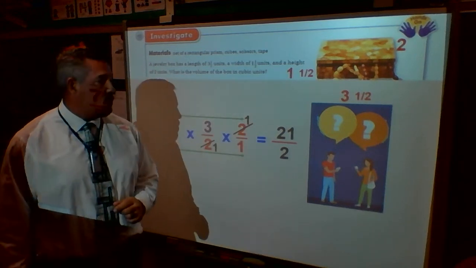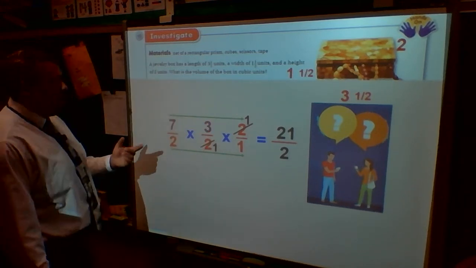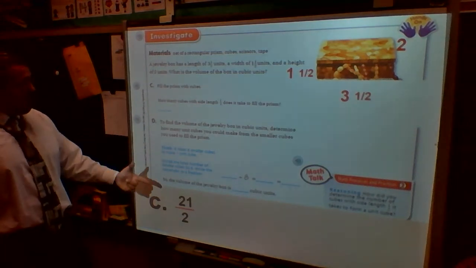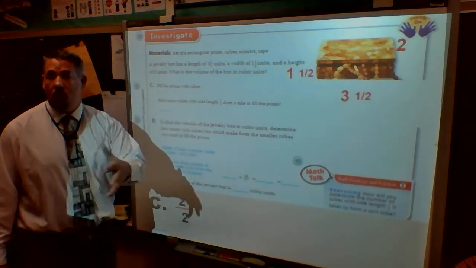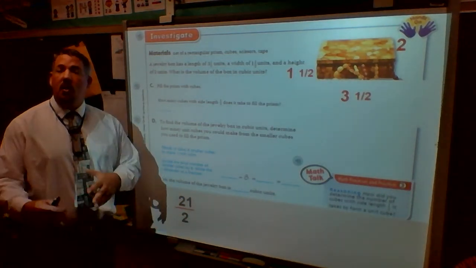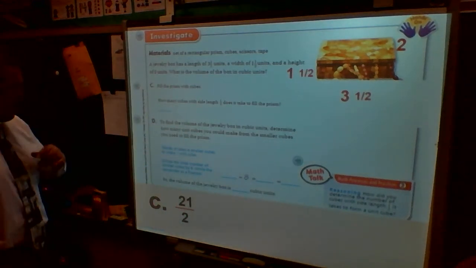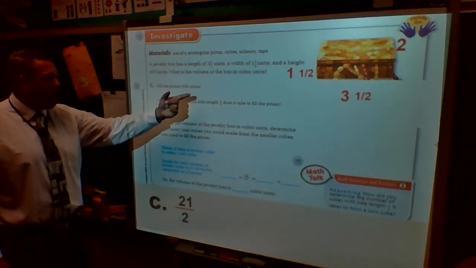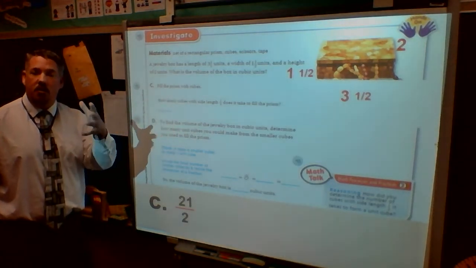So let's look at what the 21 halves does with C. If I know that I have 21 halves, and it says now if I have half unit cubes to make up this 21 halves, then how many cubes do I have altogether for this entire shape? Well, if I have half unit cubes, what did we say was true about a number relationship?